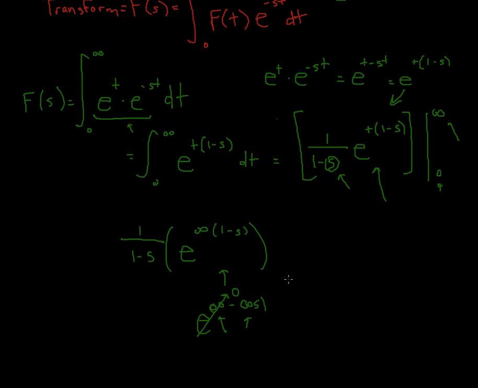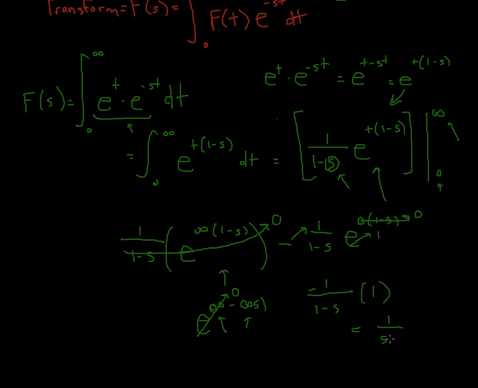With the first part going to 0, we now have to subtract our second one. Now we have 1 over 1 minus s times e to the 0 times 1 minus s. e to the 0 goes to 1. So now you have negative 1 over 1 minus s times 1. If we just use that negative to flip, we get 1 over s minus 1. And that is our transform.